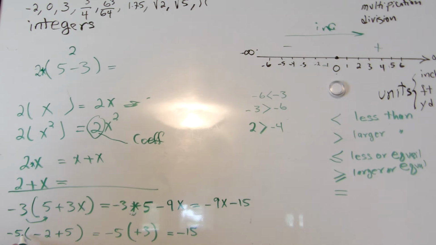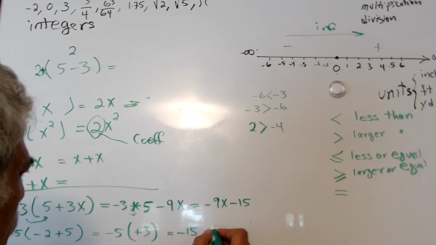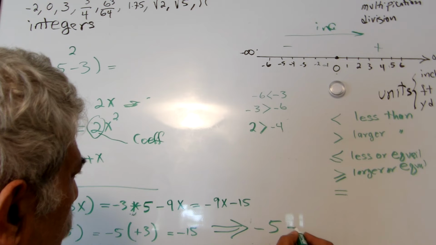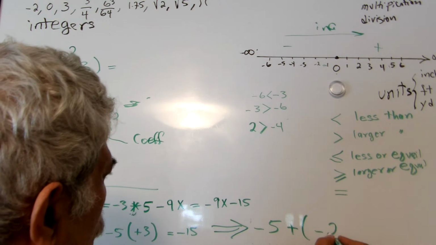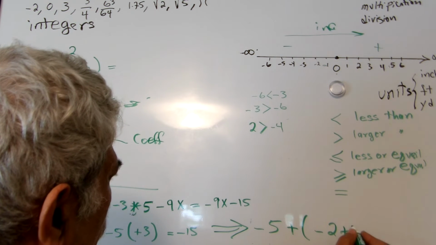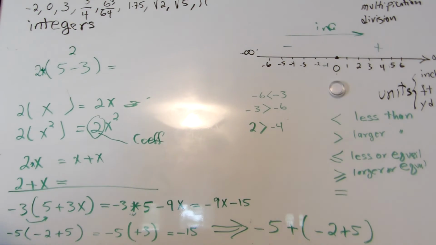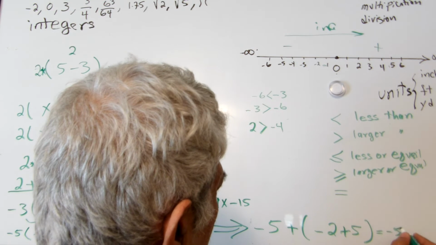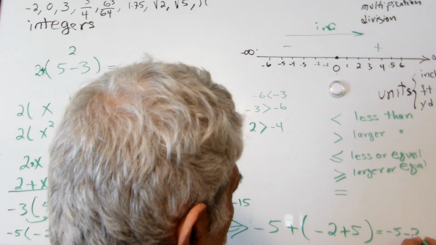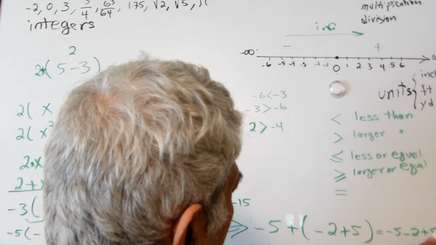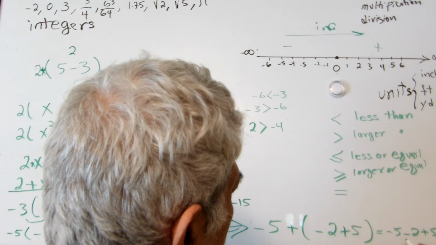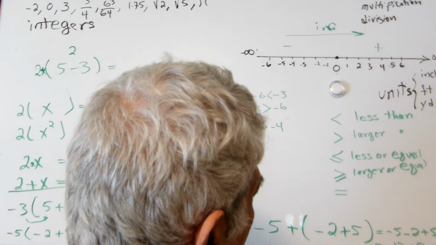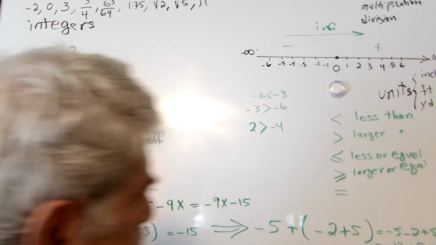This is different from, let's show you this way, minus 5 plus (minus 2 plus 5). What is this? We have minus 5, we have minus 2, we have plus 5. If we add together minus 7 plus 5, that's minus 2.